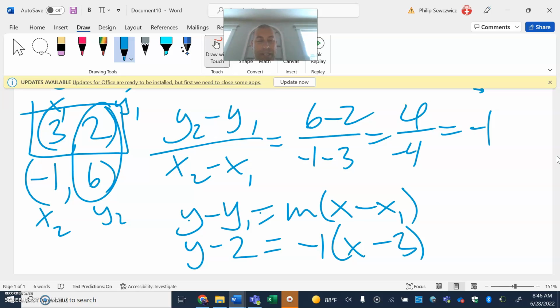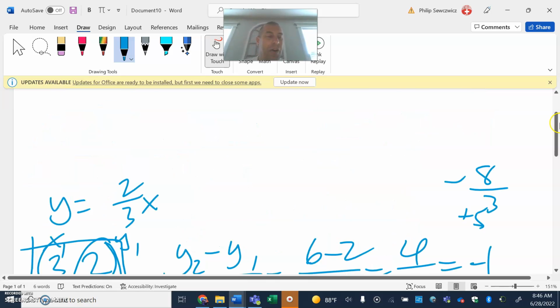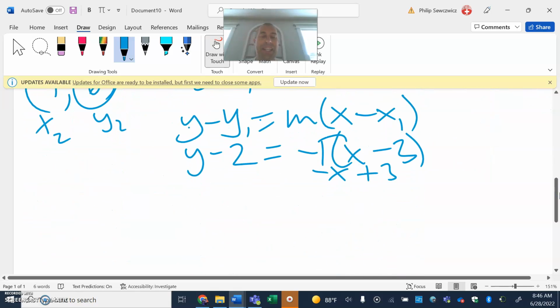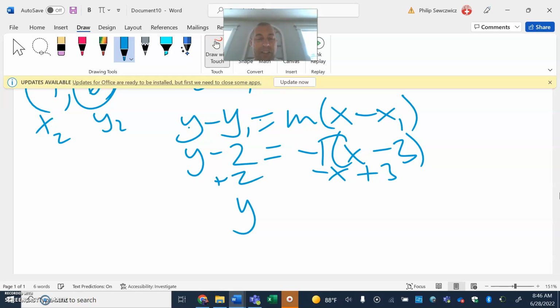A little distributive property here. There's my negative x. There's my positive 3, negative 1 times negative 3. And now, oh, we've got whole numbers. It's so much nicer. All right, so when I add my 2 on over, what happens when you add that 3 with the 2? Yes, you're going to get a 5. Technically I'm adding the 2 over here.